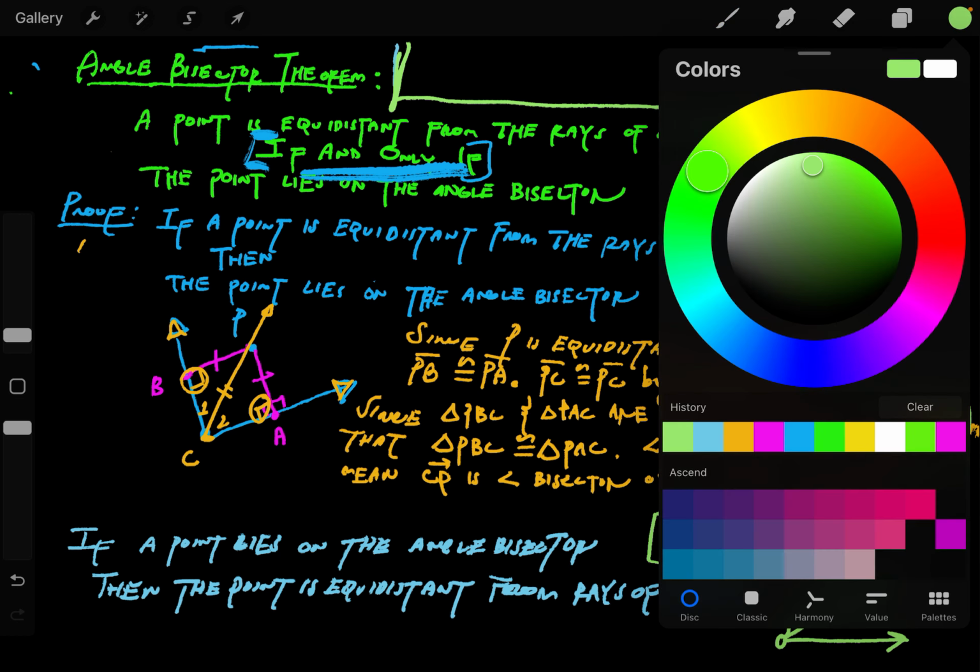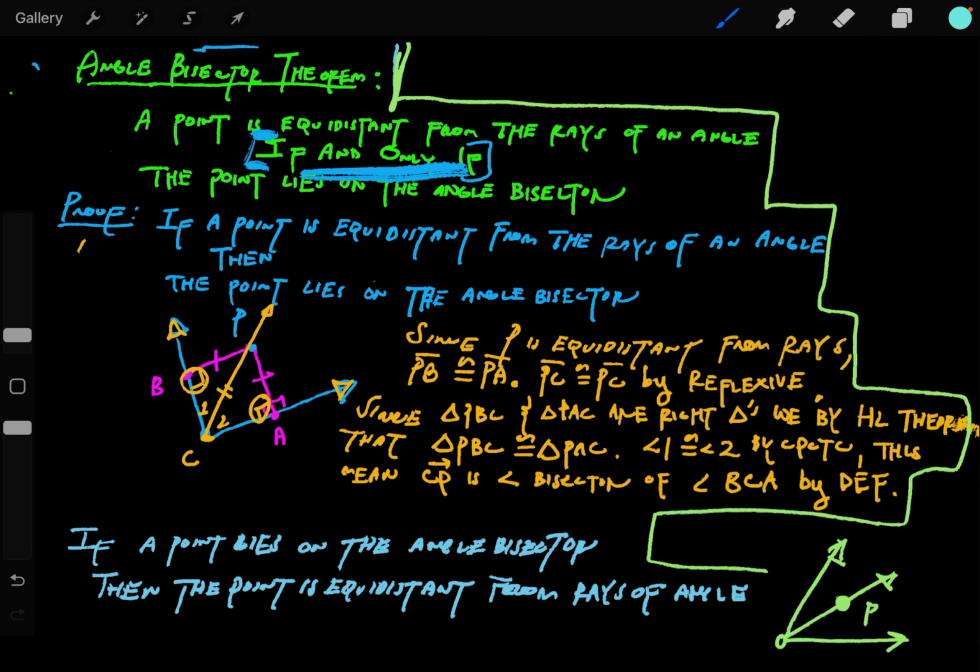What I want to prove in this situation is that the distance from here to here, which is definitely a right angle, and the distance from here to here, which is also a right angle, the shortest distance, that if I call this point A, PA is congruent to PB. Again, I know that this is the angle bisector. So I know that 1 is congruent to 2.